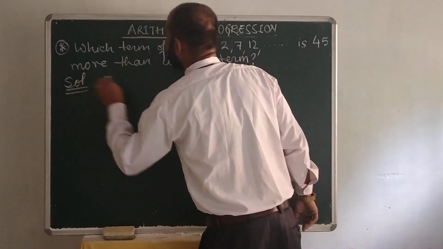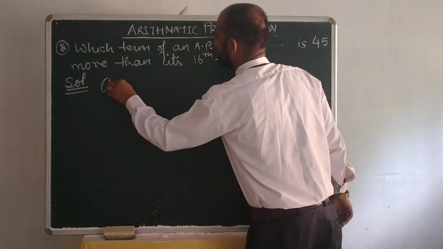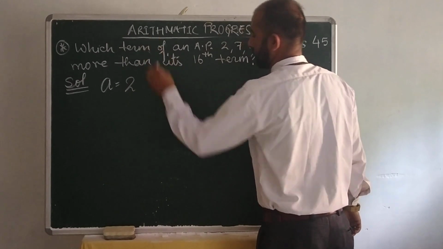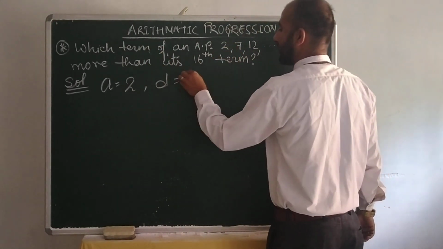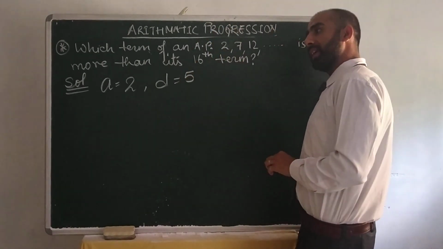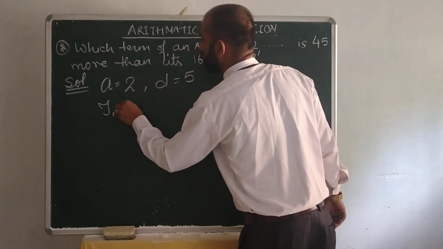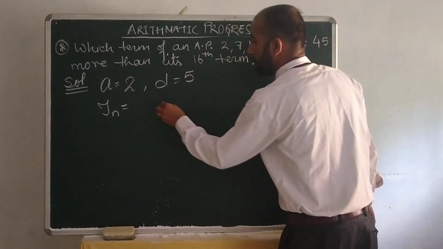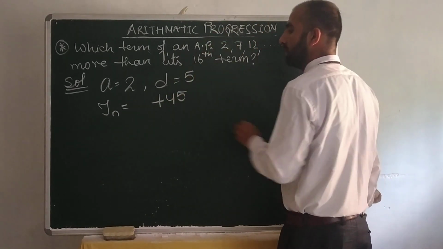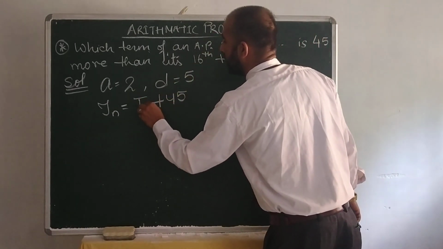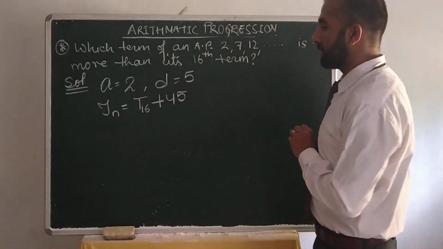So let us write first what the given conditions are. First term 2, common difference 7 minus 2, that is 5, and we are given the condition that the term which we are supposed to find is 45 more than its 16th term. Okay, so let us solve this.